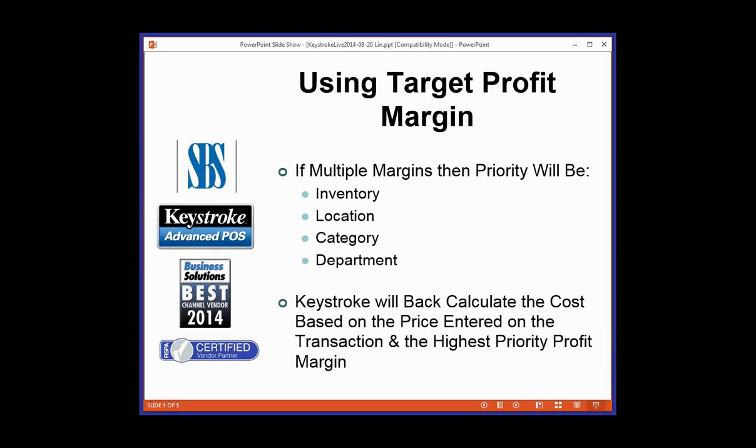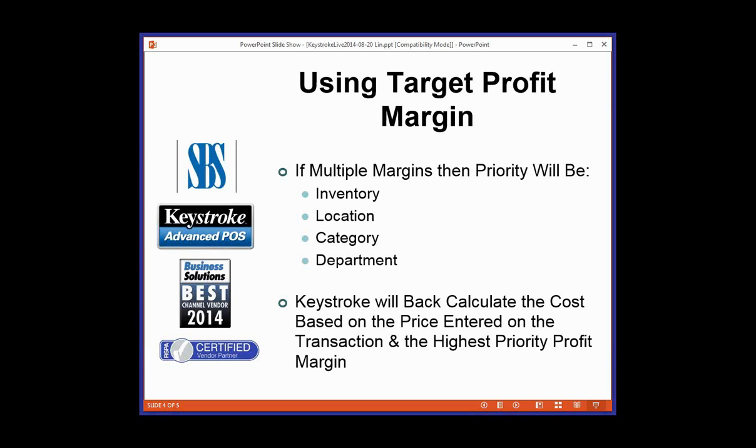So, for example, if there's a target profit margin on the inventory, it's going to ignore any target profit margins on the location, on the category, or on the department. If there's not one on the inventory, it's going to look at the location. If there's not one there, it'll look at the category. If there's not one there, it'll look at the department. So take that into consideration.